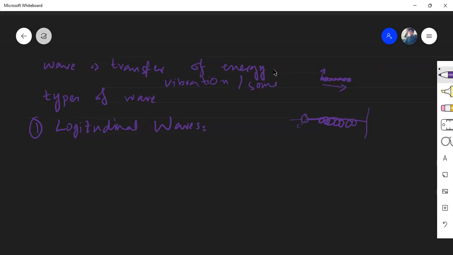Is it clear? So longitudinal waves are waves where the vibrations are parallel to the direction of the wave.